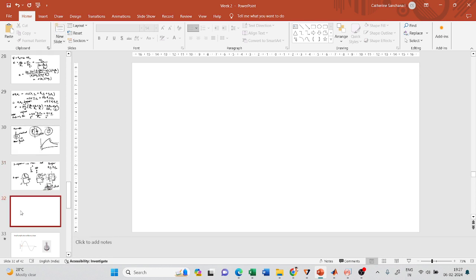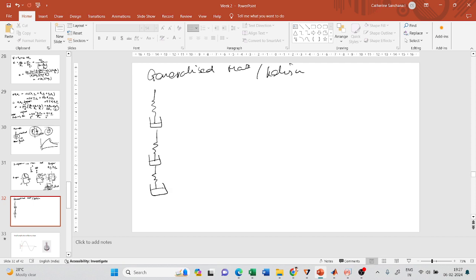In addition to this, you can have something called a generalized Maxwell or Kelvin model, which means I can have any number of elements. Let us say I can arrange several Maxwell elements in series or several Maxwell elements in parallel.